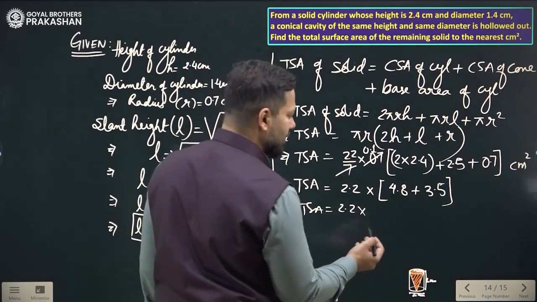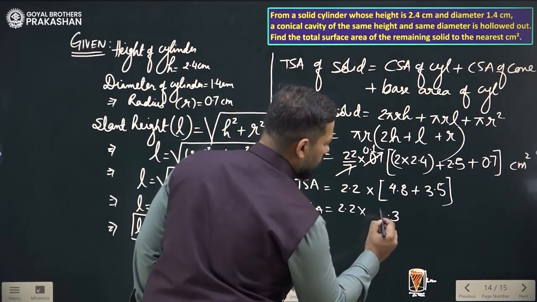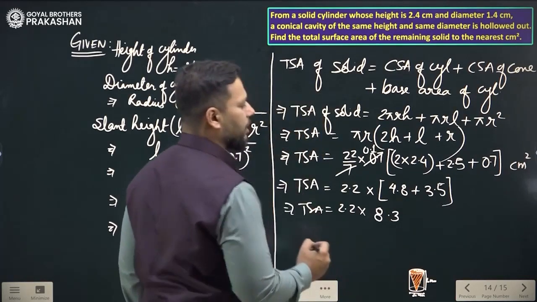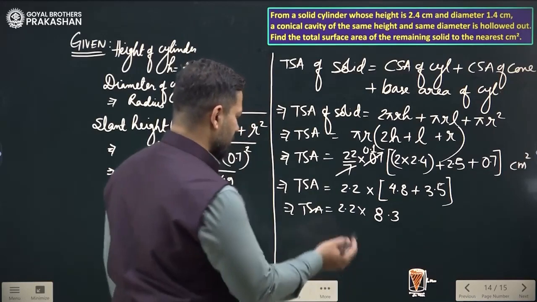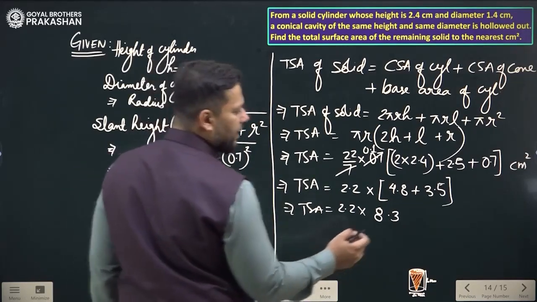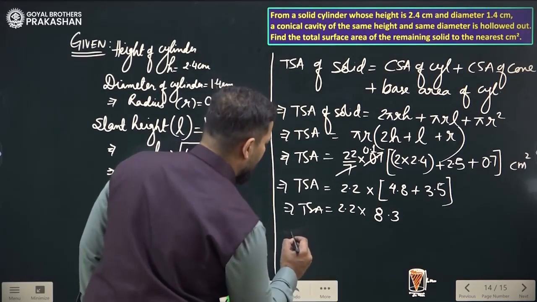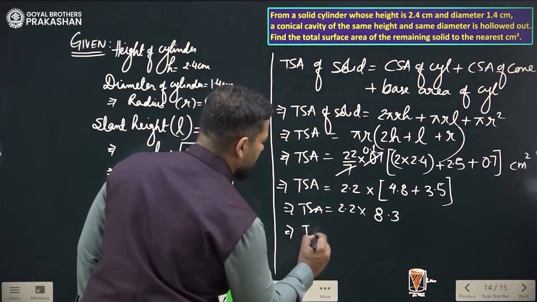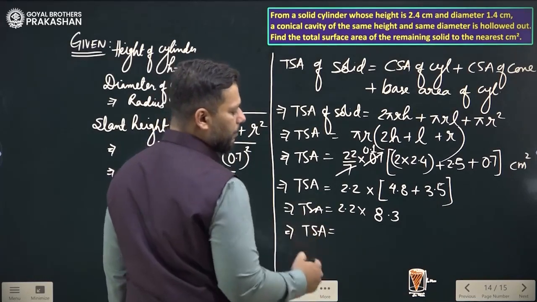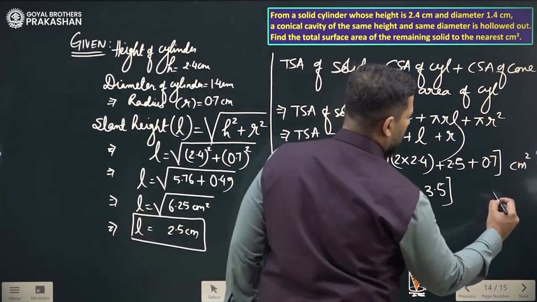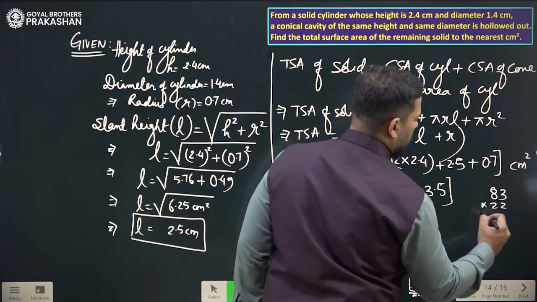What is going to be the sum? The sum is going to be 8.3, if I am not wrong. Right? 4.8 added with 3.5 will be 7.8 and 0.5 will be 8.3. And if we further multiply this, what is going to be the product? Let us find it out. Let us take 83 and 22.